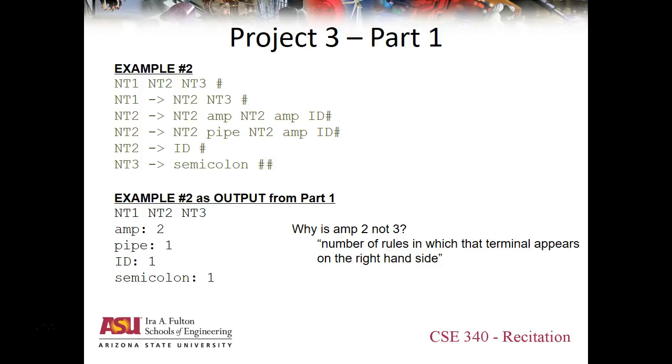AMP shows up in NT2. Oh! Actually, I'm going to have to ask Adam, I don't know the answer. If anybody knows what I just realized. So, NT2 is still the same rule. So I'm actually thinking that it should be 1. It should be 1 and not 2. But I'm going to have to verify that, just to be sure.